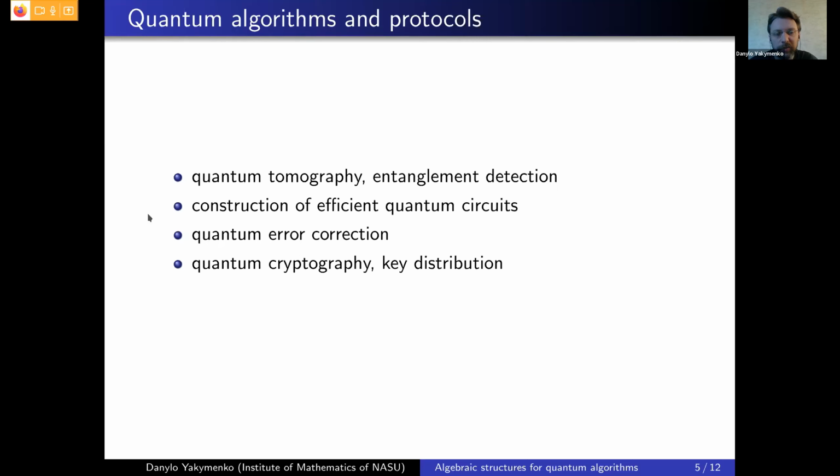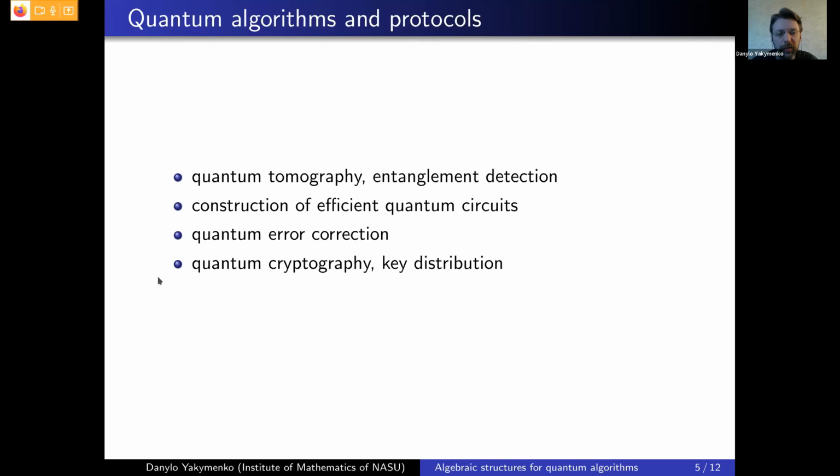Another topic is the construction of efficient quantum circuits, which is specifically interesting for quantum computers of common structure, where we have a number of qubits and can operate on a fixed number of qubits. There are also quantum error correction codes.